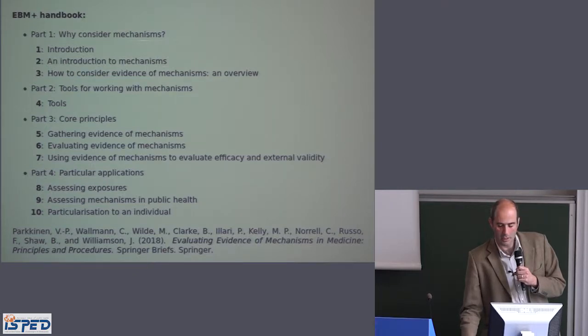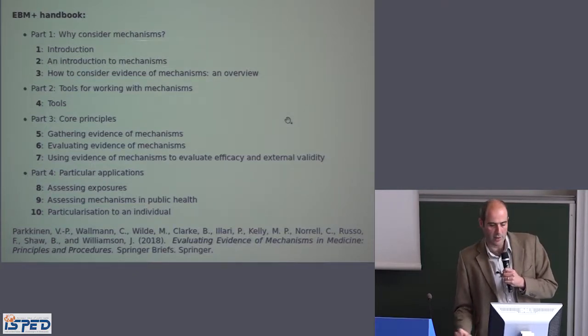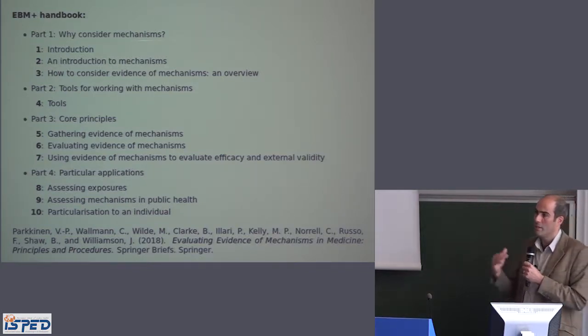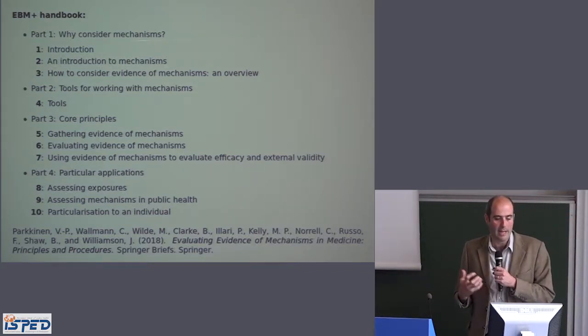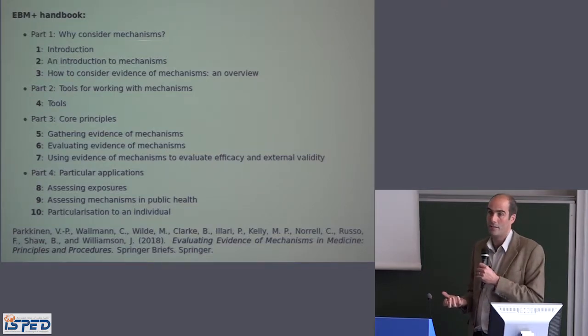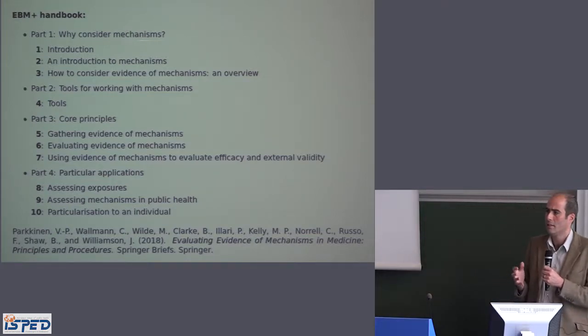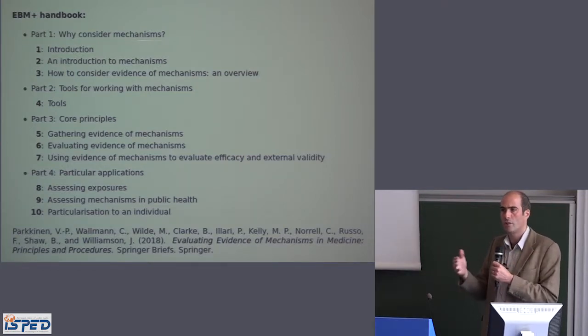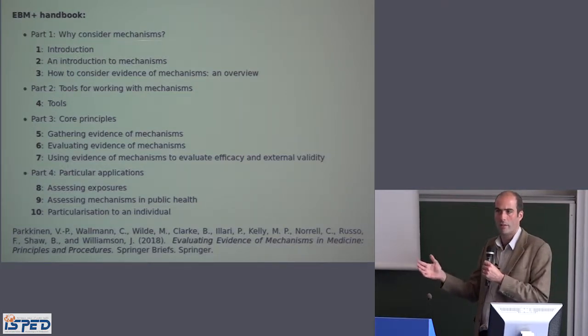And then in the third part of the book, we developed some core principles for evaluating evidence of mechanisms. So this is the theoretical part: how to systematically gather evidence of mechanisms. This is quite hard because clinical studies tend to be quite well systematized in the sense that you've got databases that you can easily search through in order to find clinical studies relevant to an outcome.